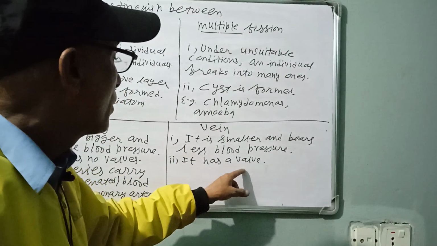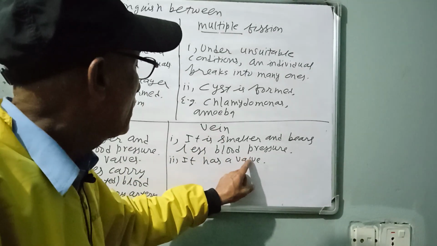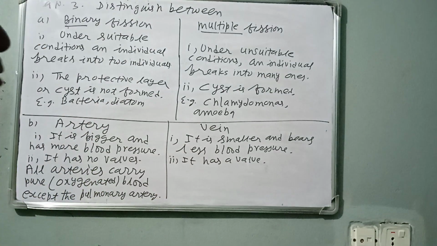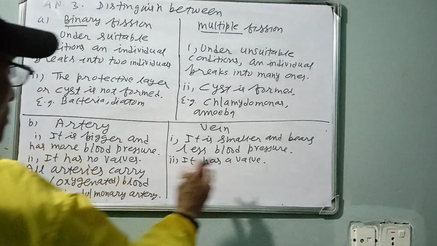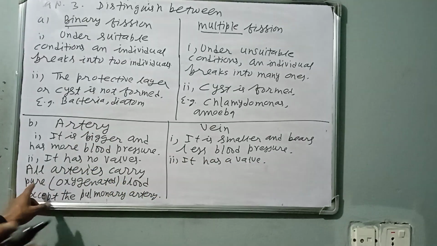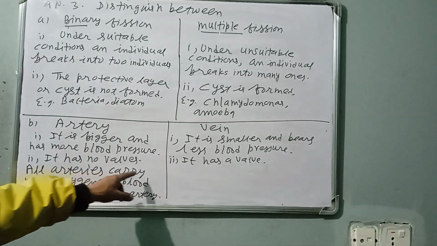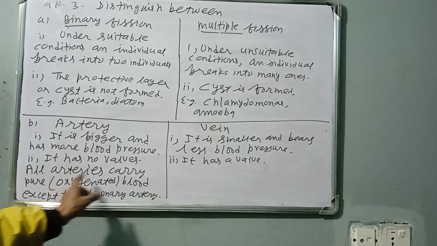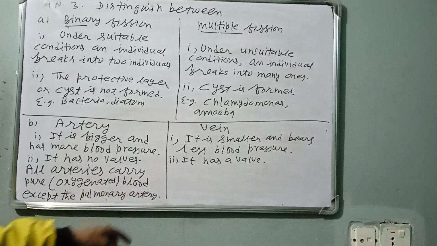Why? If there is a valve, blood goes forward only and does not return.